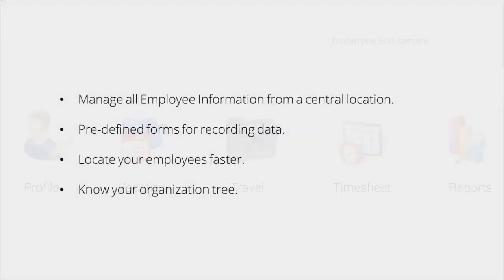Zoho People's centralized employee management system lets you manage all your employee information and other benefit programs from a single location. We have this powerful search toolbar provided for you at the top right corner of your dashboard. You can search or locate an employee based on the tags provided or any other attribute, take, for instance, his name, designation, location, and so on.